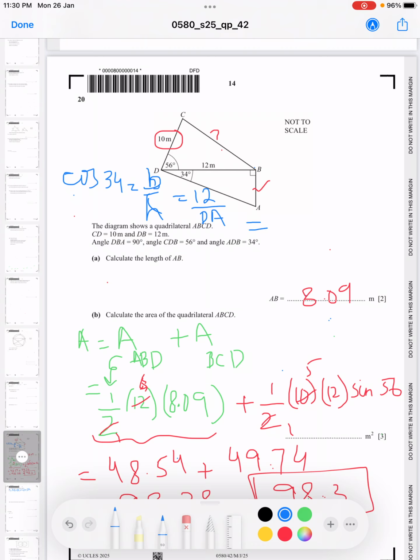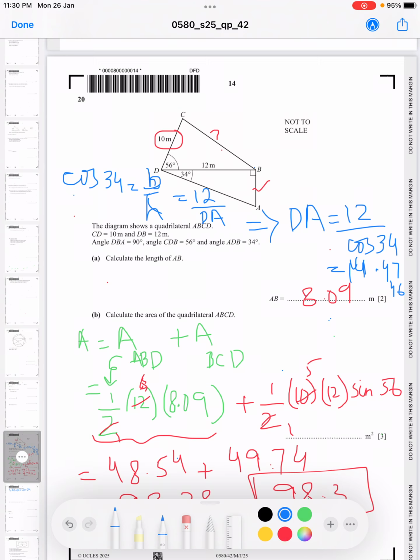So how will it be calculated? DA equals to 12 divided by cos of 34, and it comes out to be 14.4746, right? 14.4746. So we calculated DA.